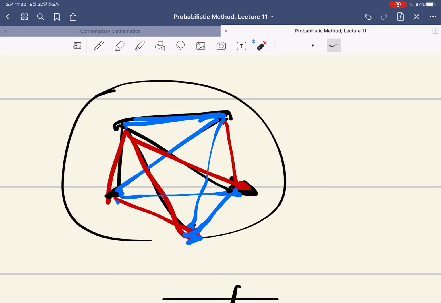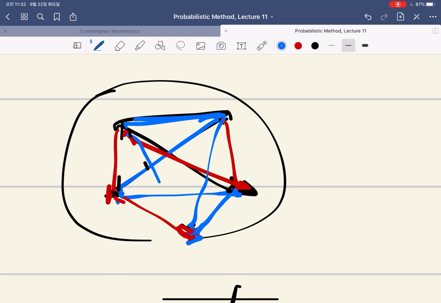And now again there is a red triangle. So we randomly color this again. Say blue. And again we have a blue triangle here.